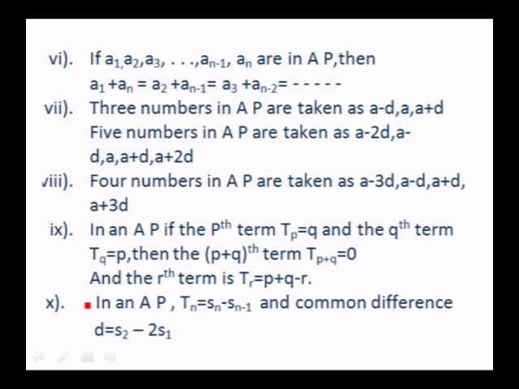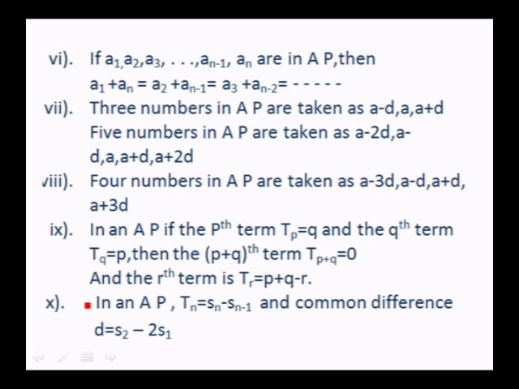Next one is, in an AP, if the pth term Tp is equal to Q and the qth term Tq is equal to P, then the P plus Q term, Tp plus Q, is equal to 0. This will be helpful in solving certain problems when you find those problems in CET, and the rth term Tr is equal to P plus Q minus R. In an AP, if you take the difference of the sum of the n terms with the sum of the n minus 1 terms, that is Sn minus Sn minus 1, it is nothing but the nth term Tn.